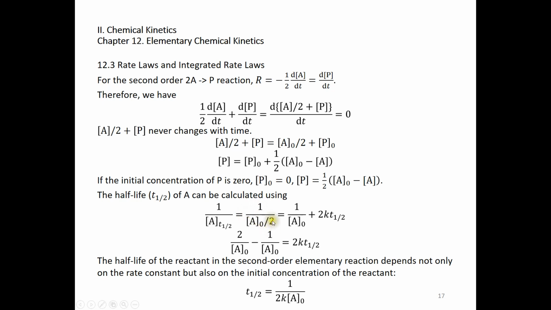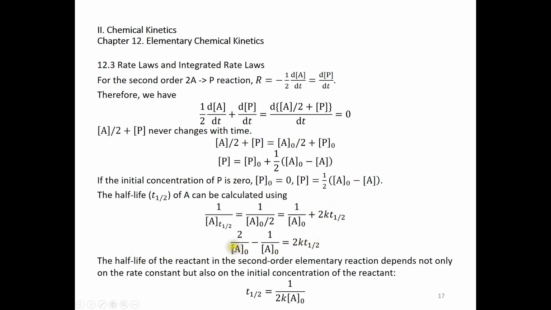That's the definition of half-life. It's equal to 1 over A naught plus 2k times half-life. That's from the integrated rate law. Now we can solve this equation really easily. So we have 2 over A naught, which is from here, minus 1 over A naught is 2k times half-life.